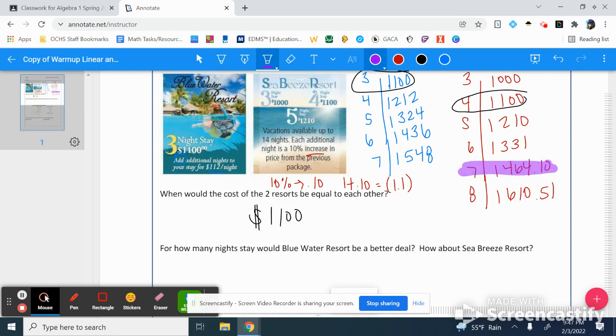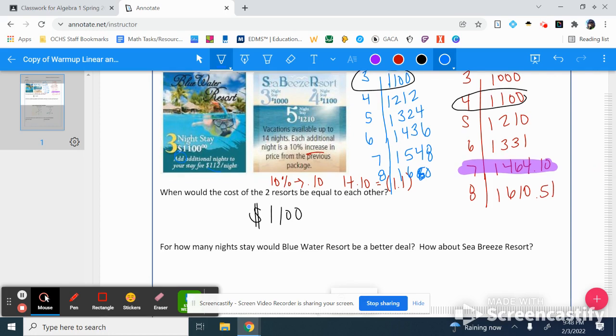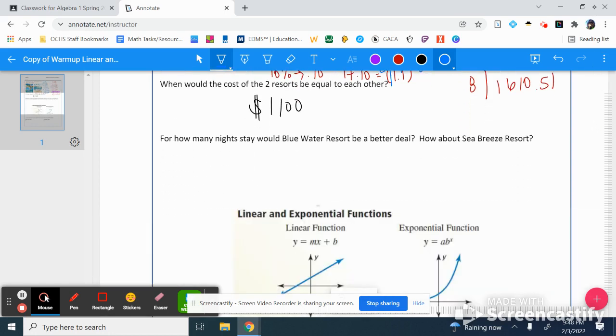And if I were to keep going with my values over here on Blue Water, remember I'm adding $112. So that'd be 60. Now it becomes a better deal, again, still to stay at the Sea Breeze. So what I would do to find the answer here is just continue my chart. The better deal is to get more nights for the lower amount of money.